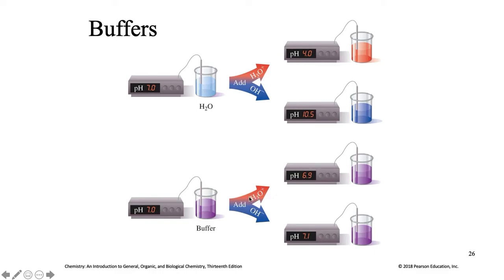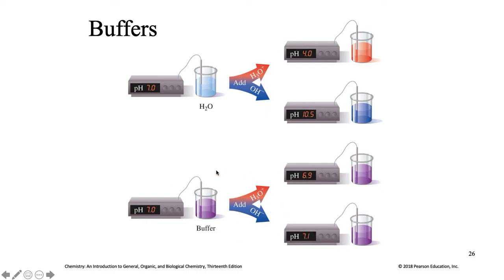And the pH is going to change very little. Look at it, from 7 to 6.9. Very small pH change. Now, if I add OH-, the same idea, the acid in that solution is going to neutralize the OH- that is being added, and the pH is going to increase very little to 7.1.